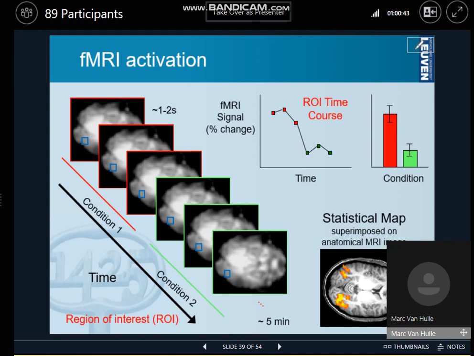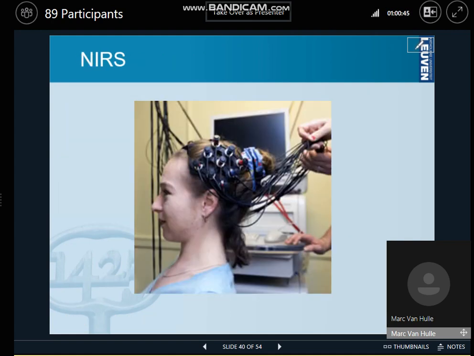It is not an easy task, as you can guess, and it's extremely slow. You take a brain scan every 2 seconds or so. So if you have to collect a number of those, you can communicate maybe 1 to 2 characters per minute with this kind of technology, on that order.